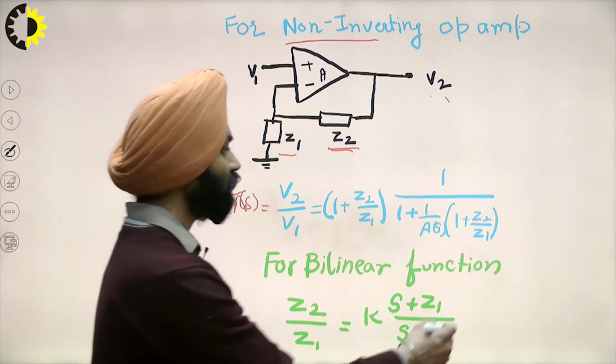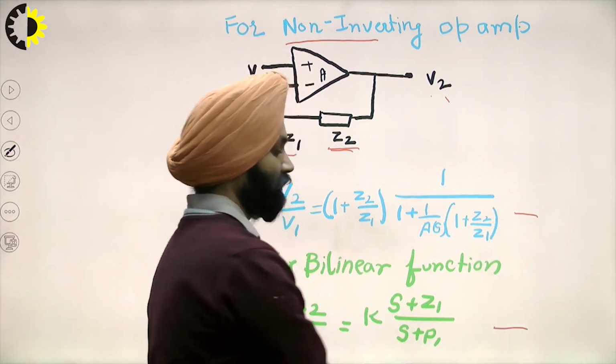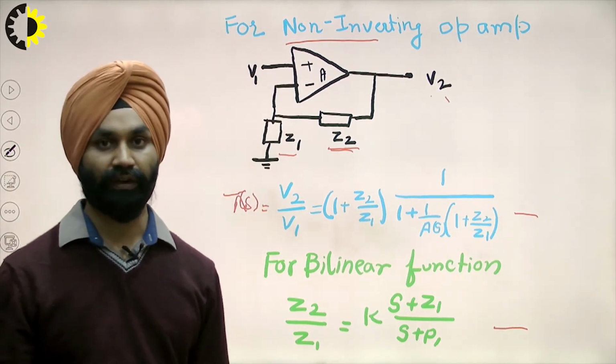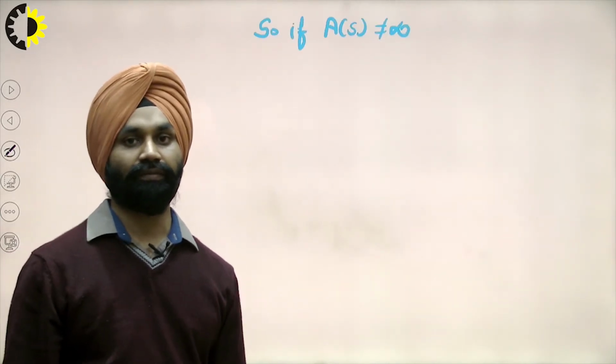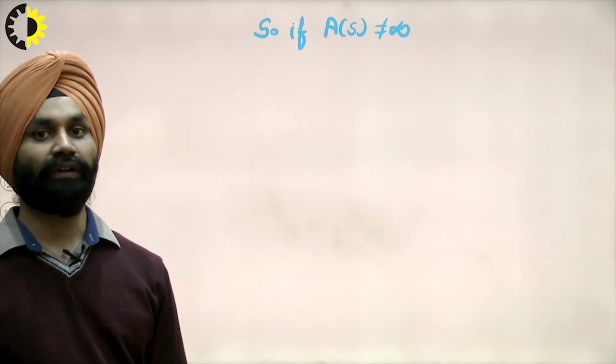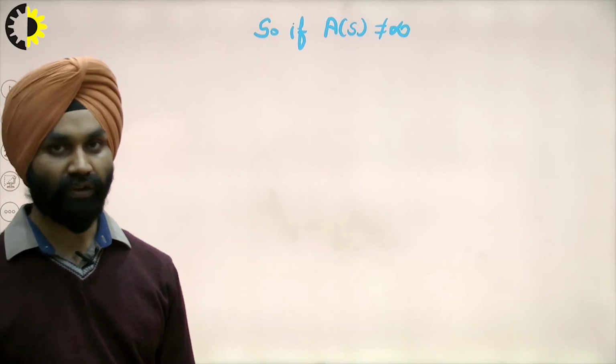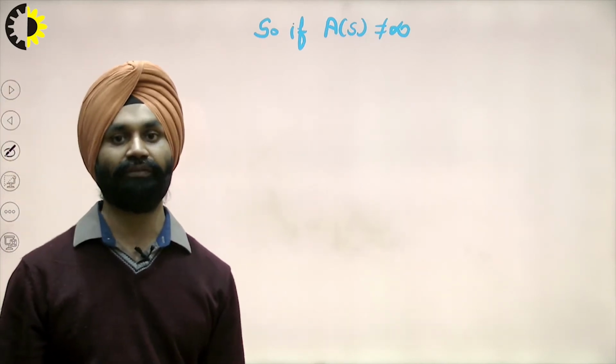So these are the two equations that will be used to find out Z1 and Z2, previously when the gain of the op-amp is infinite.